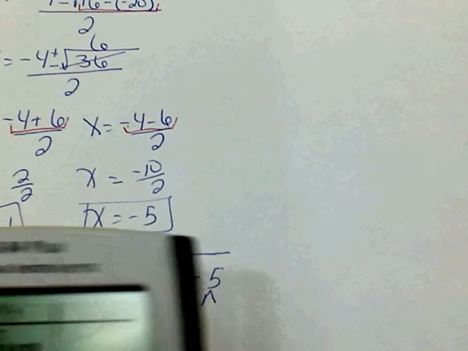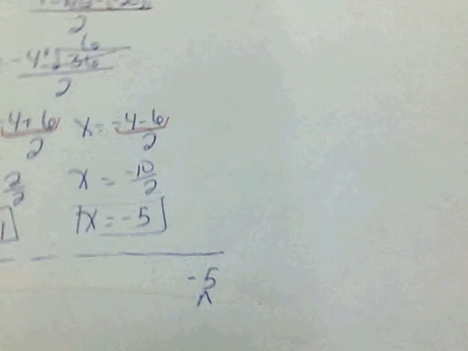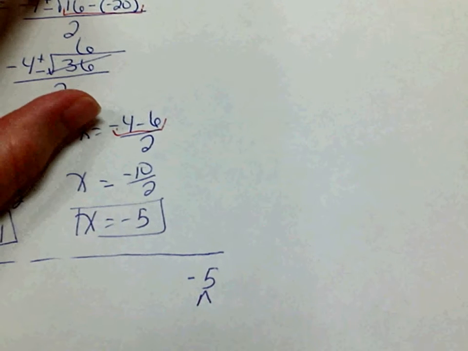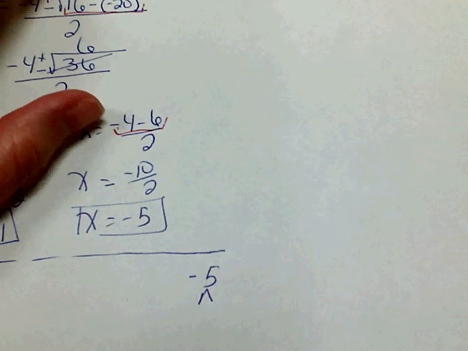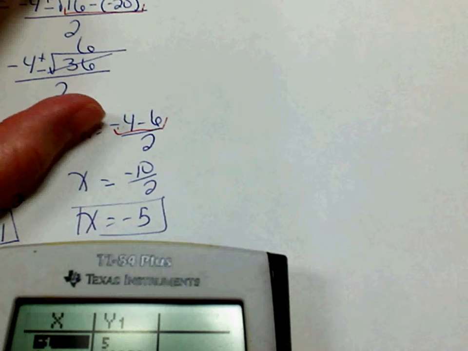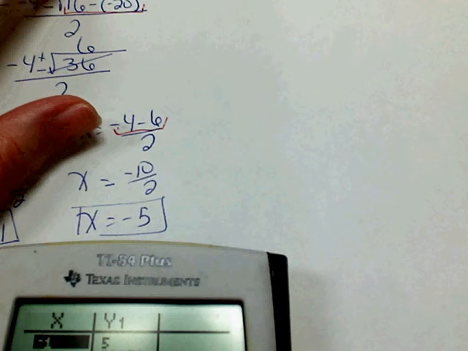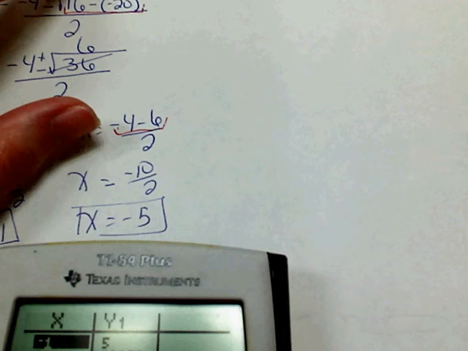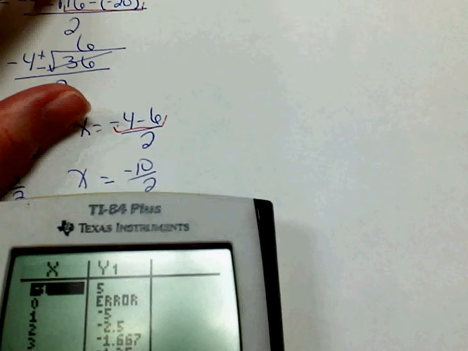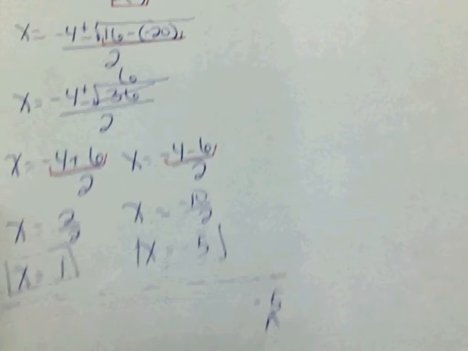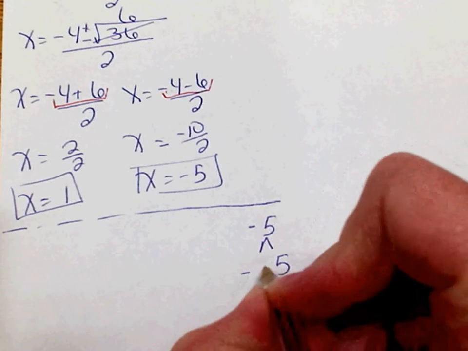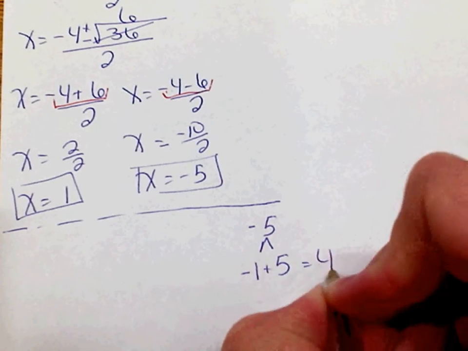And we need it to equal negative 5, but it's going to equal a positive. So I'm going to go up to the negatives first because that's where it's most likely to be, because the positive numbers are going to be bigger than the negative numbers to start. So I went up to negative 1 and 5. And when I add that, I get a positive 4, so that's what I want.